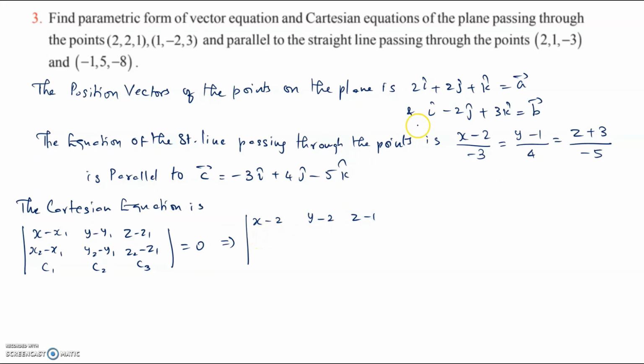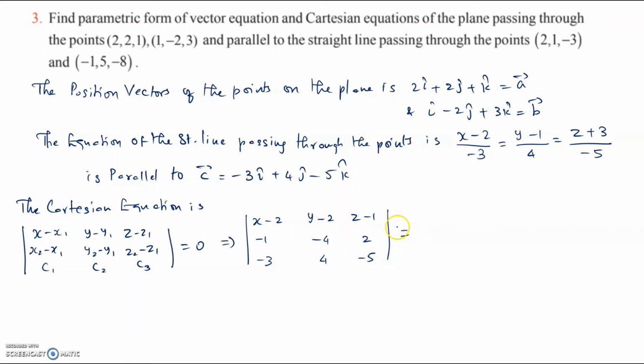Then you have 1 minus 2 which is minus 1, and minus 2 minus 2 which is minus 4, 3 minus 1 which is 2, then c1, c2, c3 is minus 3, 4 and minus 5.